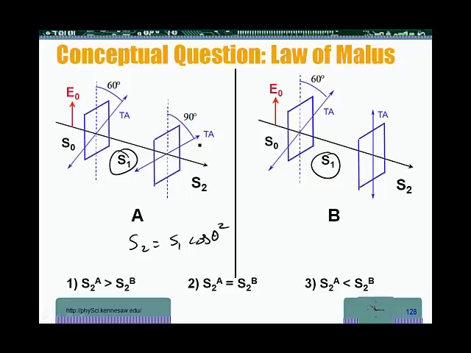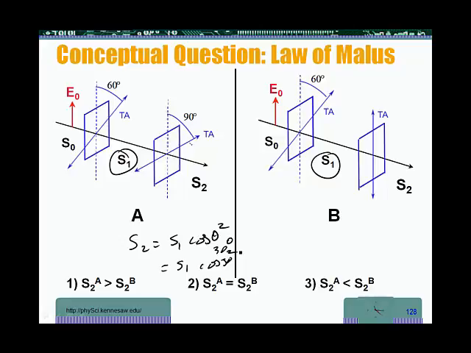Now theta is going to be the angle between the transmission axis of the second polarizer and the direction of polarization of the light, which is the same as the transmission axis of the first polarizer. So in this particular case, the angle is 30 degrees. So it's going to be S1 cosine of 30 degrees squared.